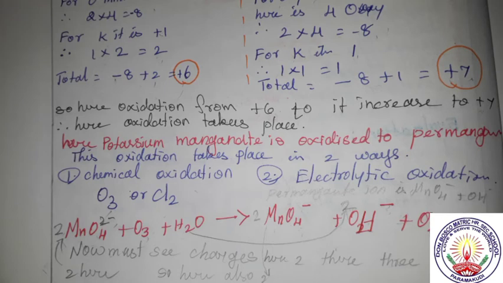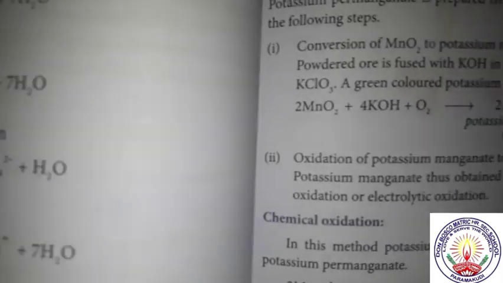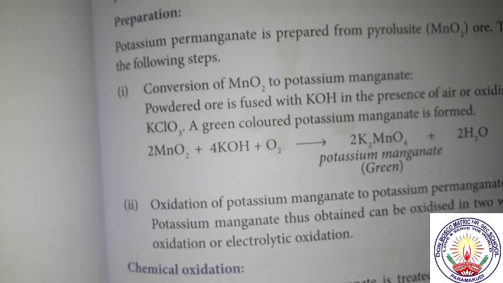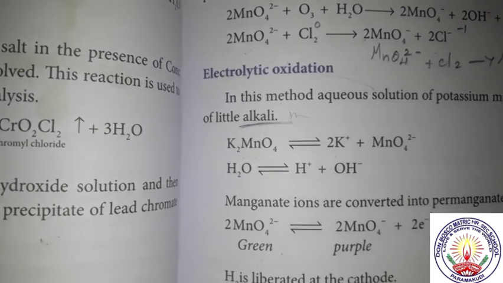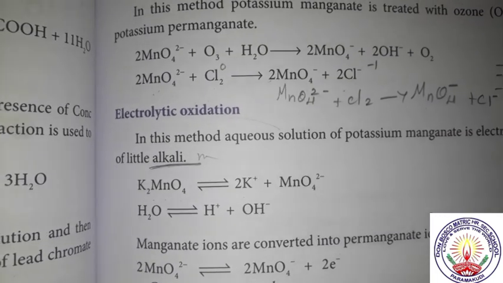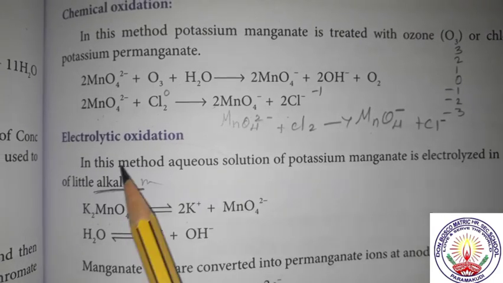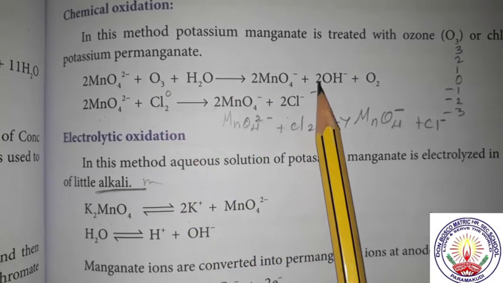Next we shall see the electrolytic oxidation. First we saw using ozone. Next we shall see chemical oxidation using chlorine. See, now here we saw oxidation using ozone.